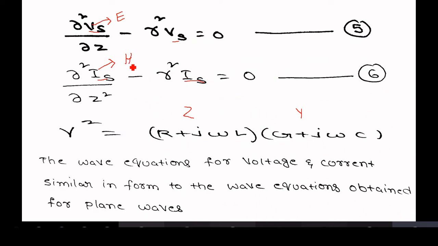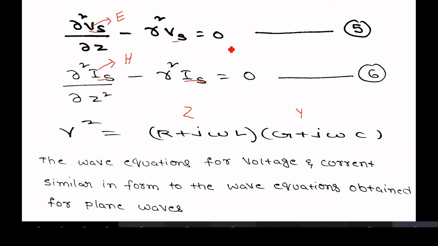If you look back at the wave equations for the plane waves, there also we will have this type of equation, but the only difference is that in terms of voltage we have the electric field intensity, whereas current is replaced by magnetic field intensity. That is the only difference between the wave equations that we have obtained.